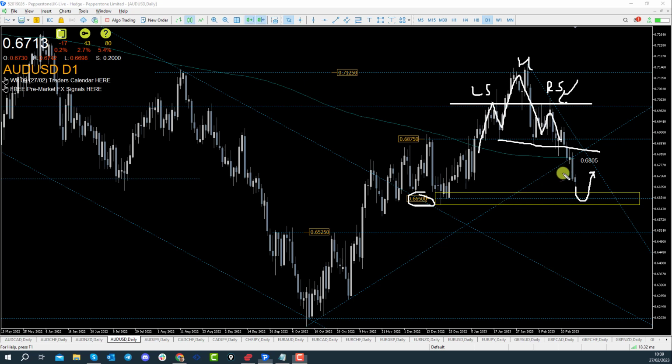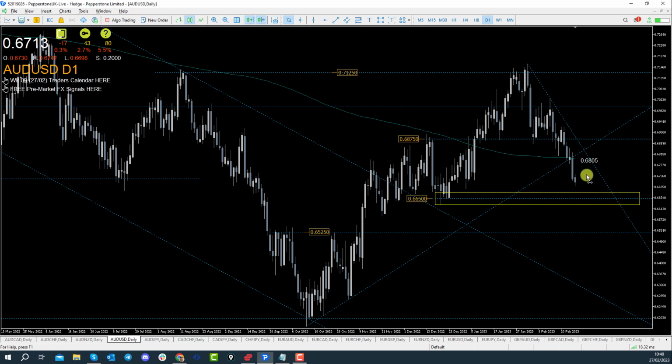So really speaking, I want to be looking for opportunities down to this level, either on a trend trading opportunity or on a day trading opportunity. For a trend trading opportunity, I want to see our higher time frame pullback. You can see where the 200 daily moving average is around about the 0.6800. We can also see price paused here last week before seeing the continuation on Friday.